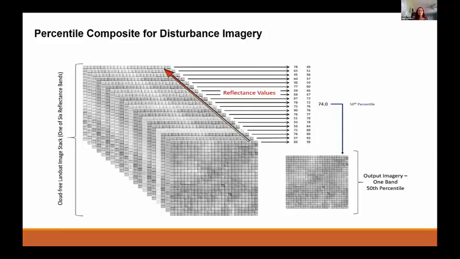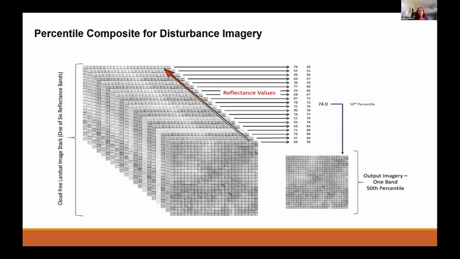The reason we have to do this is because of things like clouds and anomalies in the atmosphere. We really want to get clean imagery so that the change that we're seeing is not due to random anomalies, but actual change to the vegetation on the ground.